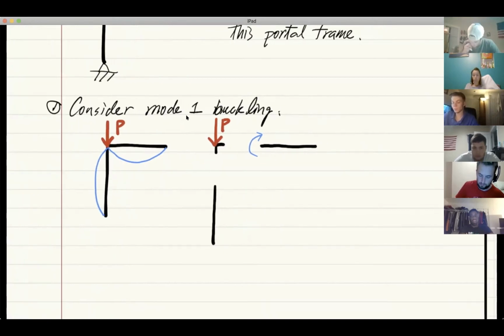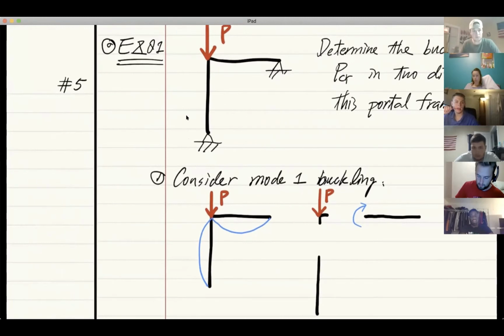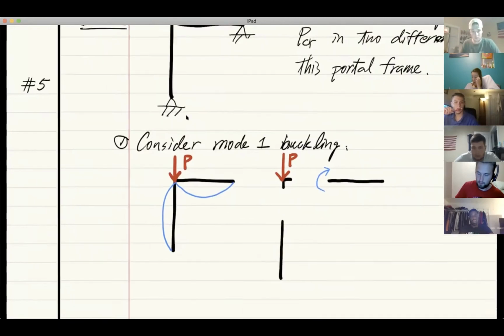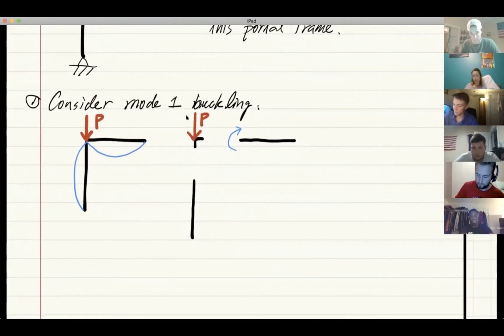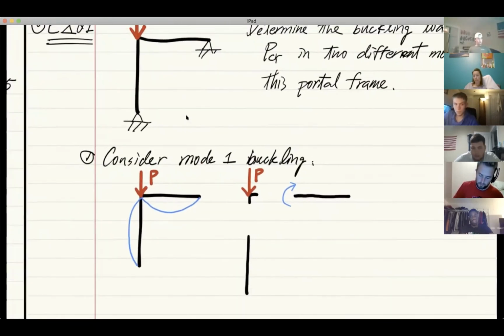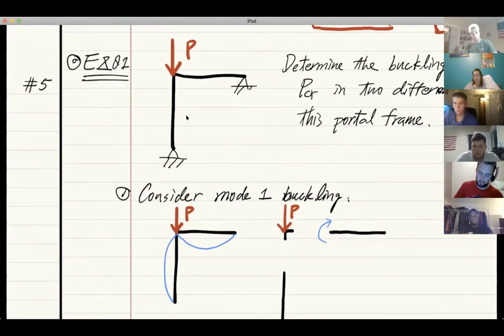Now, if the moment is like this, look at the boundary condition, they are all supported by hinge. That means at both supports, there's no moment. That means this internal bending moment must be balanced by the vertical force at one of the supports. Shall we call one of the supports A and the other B?